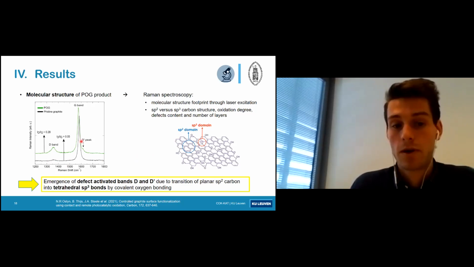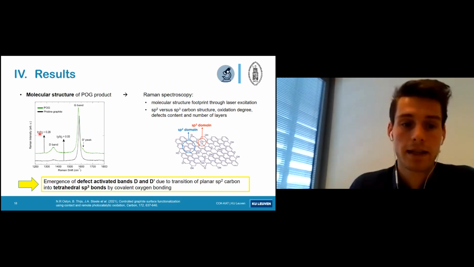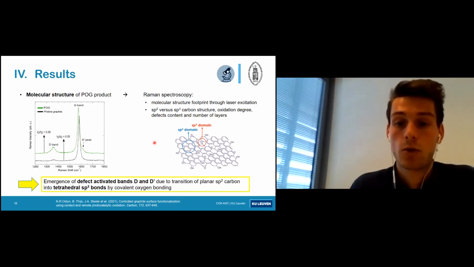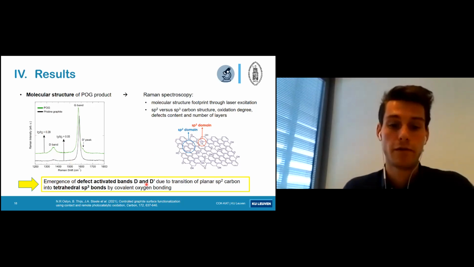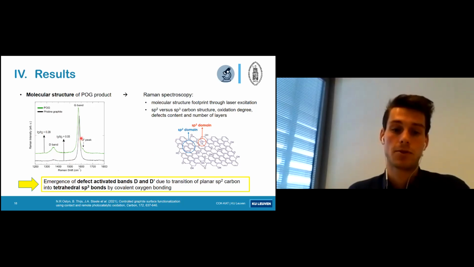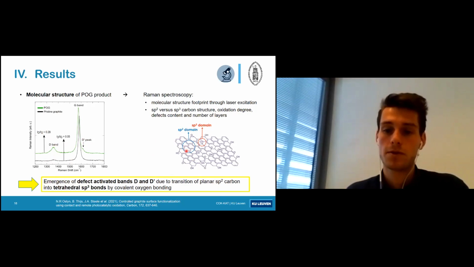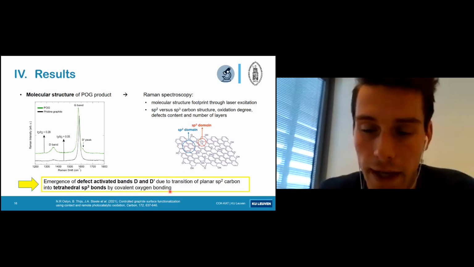So taking the ratio of ID over IG tells more about the oxidation degree, the defect content and the number of layers. As you can see here, there is a strong emergence of the defect-activated D band and also D prime, which is strongly related to the D band, due to the transition of the planar sp2 carbon bonds into tetrahedral sp3 bonds by covalent oxygen bonding.